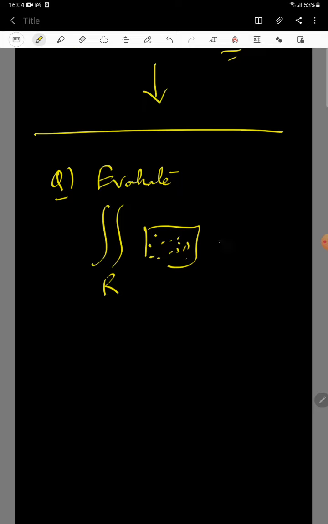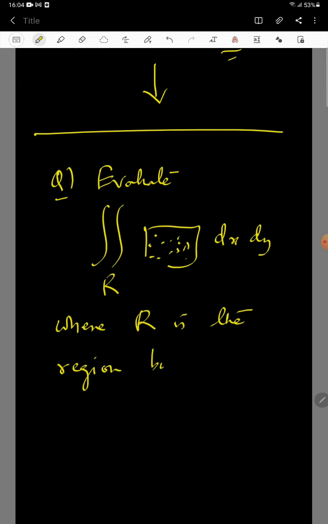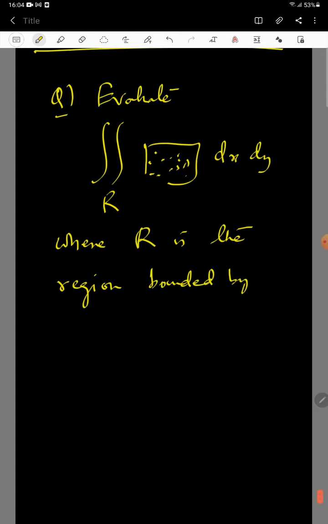This function is not important for us. dy dx or dx dy, anyway, where R is the region bounded by the lines y equal to 0, x equal to 2, and y is equal to x.